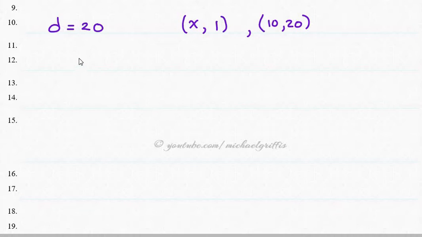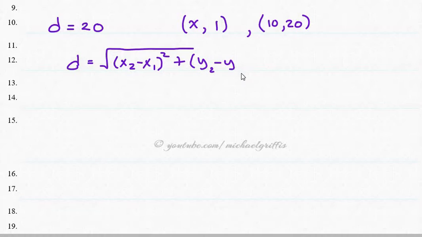Okay, so let's go ahead and plug everything in. So remember, distance is equal to the square root of (x2 minus x1) squared plus (y2 minus y1) squared.